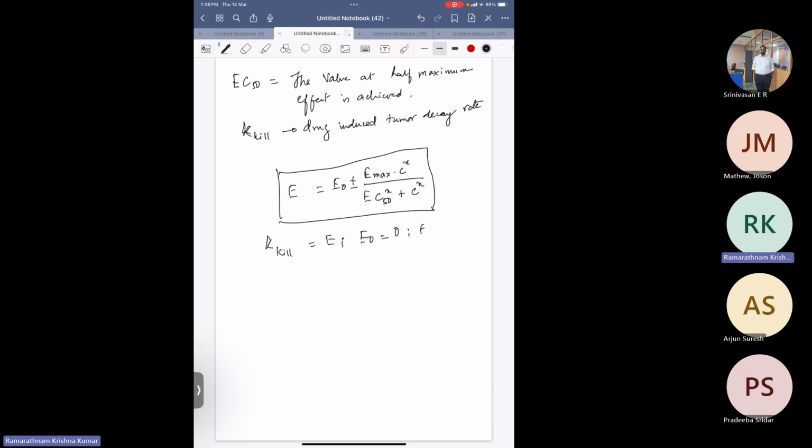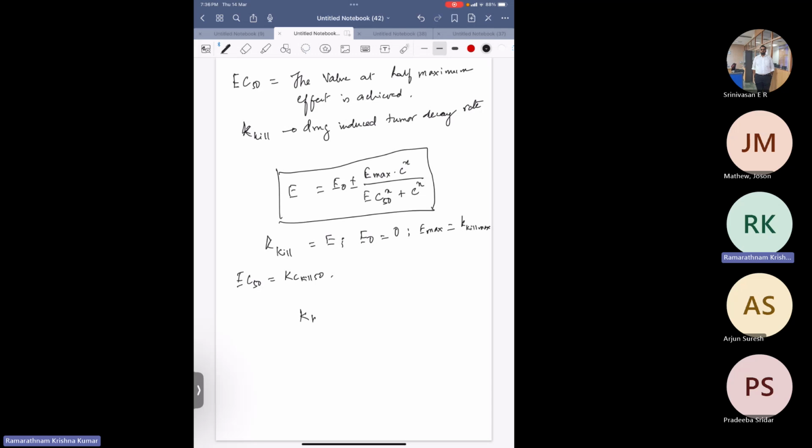E max is K kill max, the maximum amount that is going to get killed. And of course EC 50, the 50% effect, is equal to K kill 50.